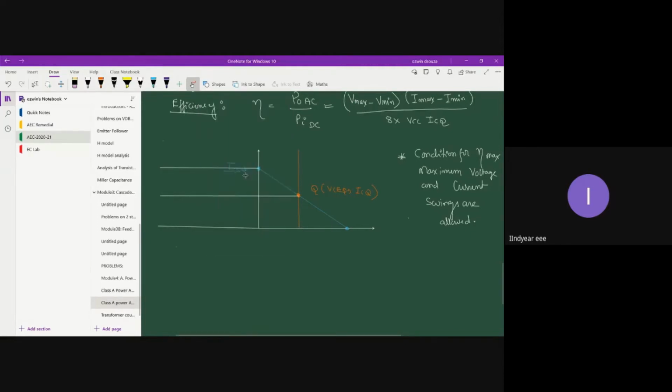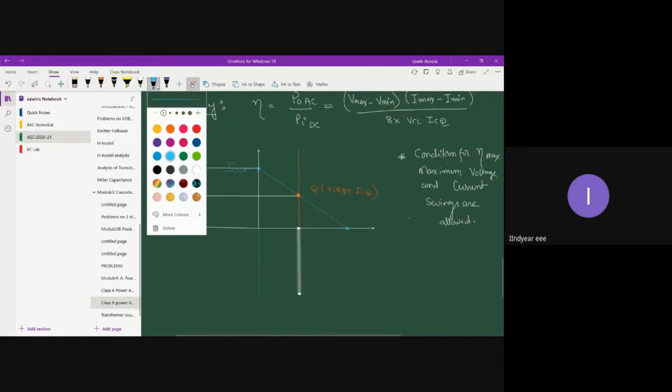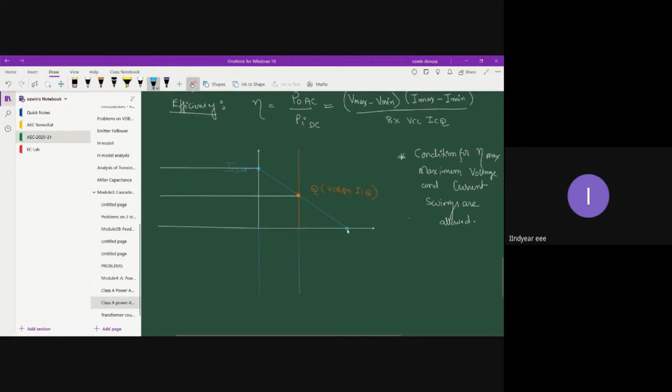You have to draw one guideline from the y-axis followed by the x-axis.